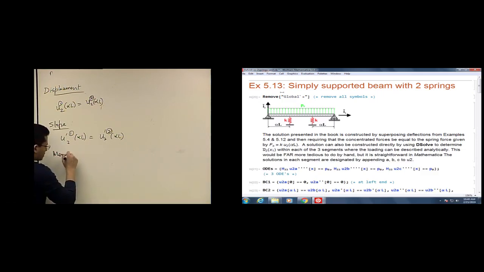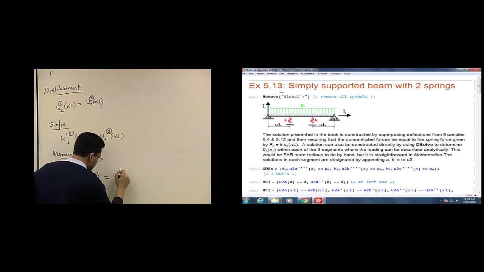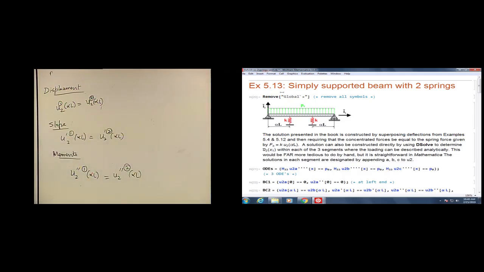Then we talk about moments. H33 is not needed because it's the same on both sides, so I'll just use u2 double prime. There is no restriction on moments.